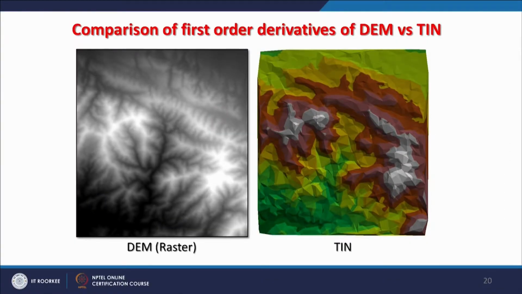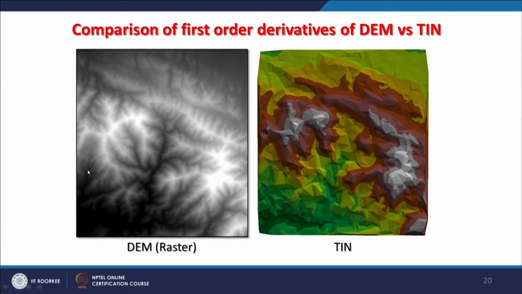One more brief topic I would like to discuss in this particular part of the lecture is comparing digital elevation models and TIN. Both are surfaces, but both are not raster. As you know, the DEM is a raster structure, whereas TIN is not a raster structure. So when I create a raster, either using contours, or point or line data, or maybe a remote sensing based technique, I get a result something like this.